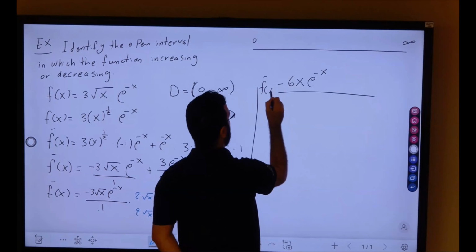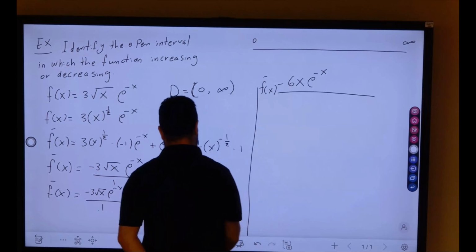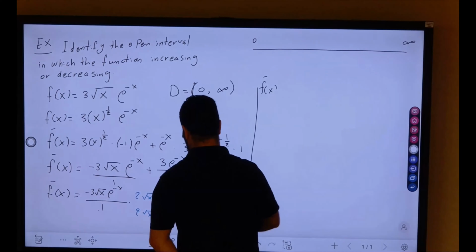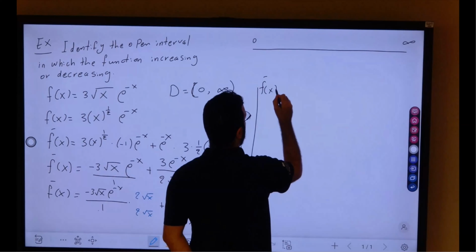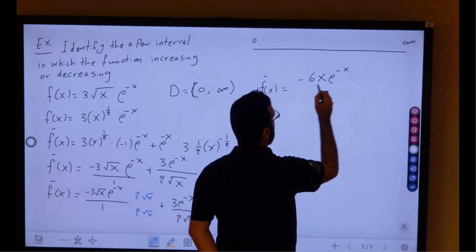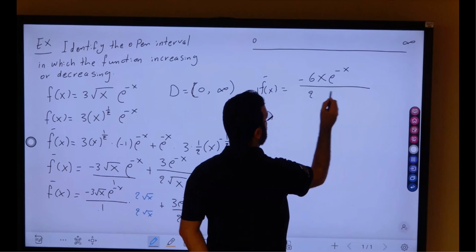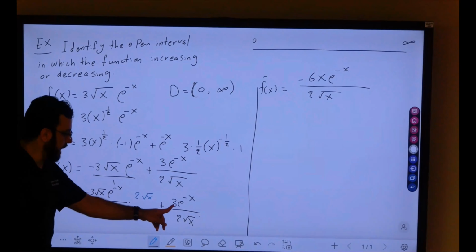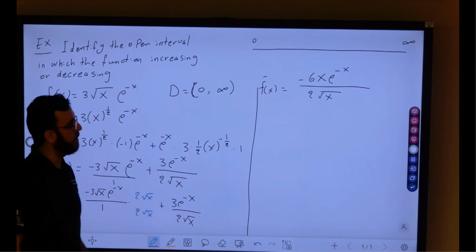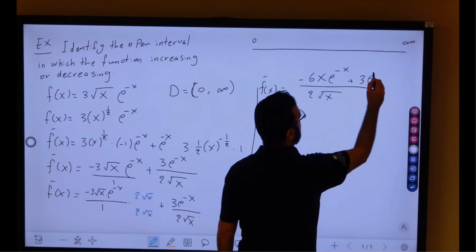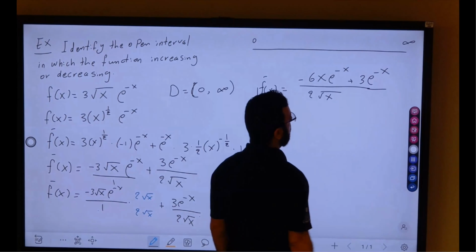That's applied to the x. -6x e to the negative x over 2 square root of x. Now, we need to keep going. Plus 3 e to the negative x. That's it, you don't have to keep going.